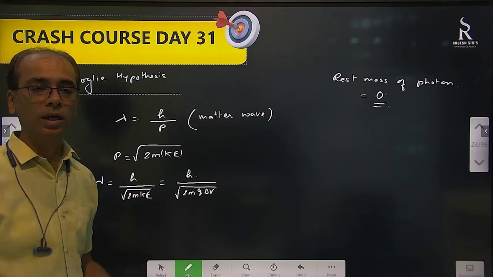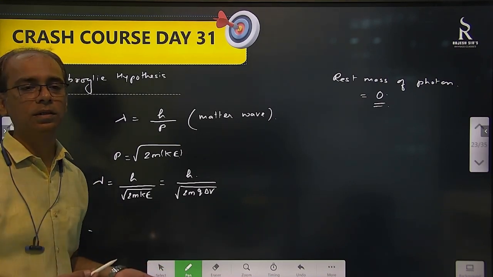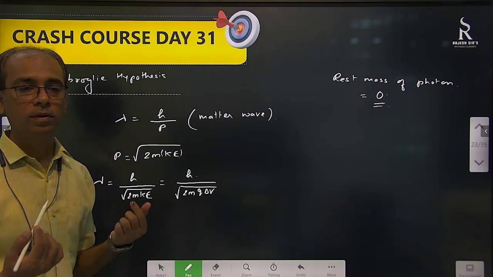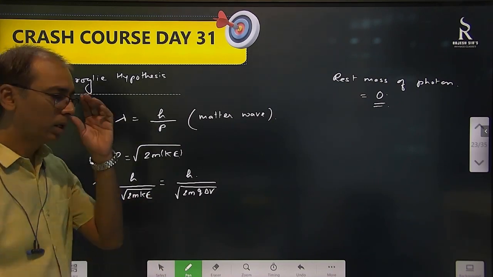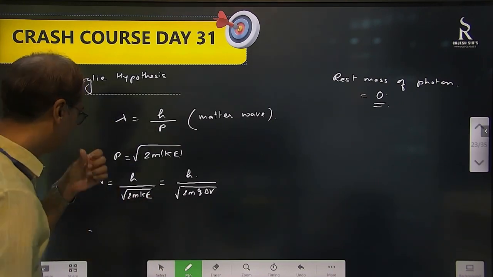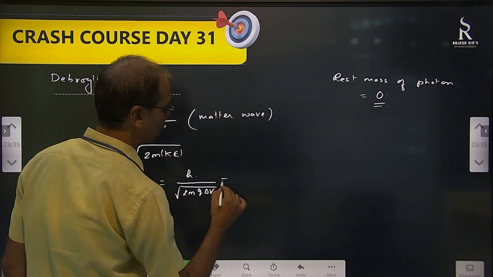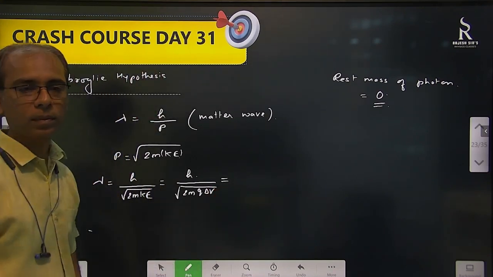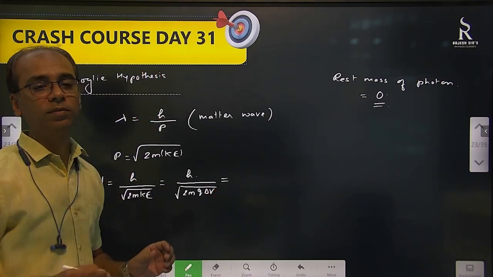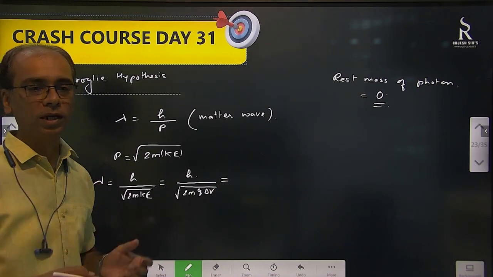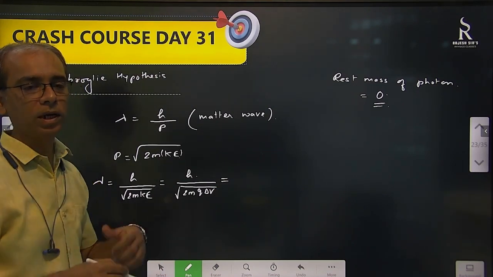But suppose we give kinetic energy with the help of temperature. In that case, how do we write kinetic energy? Because velocity, we used to say, is root 3RT by m or root 3kT by m.